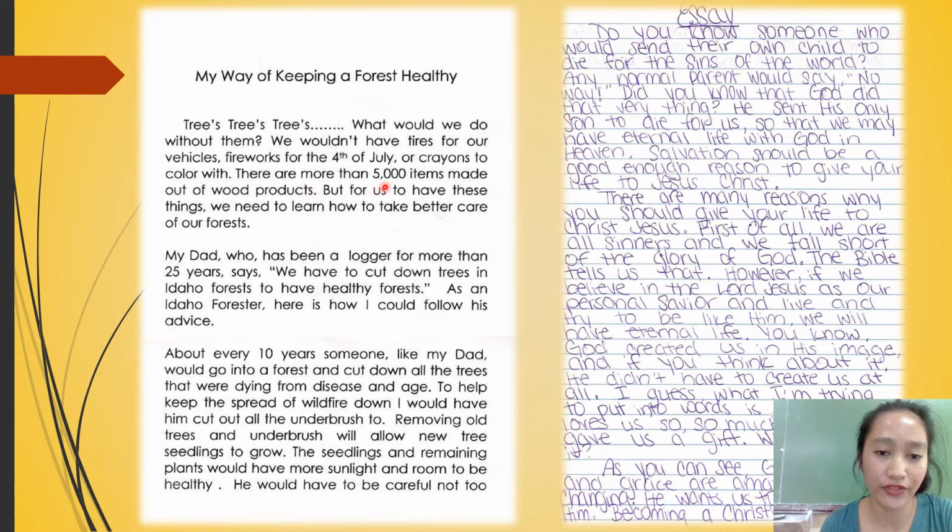There are more than 5,000 items made out of wood products. But for us to have these things, we need to learn how to take better care of our forest. Okay, so as you can see, it explains about the importance of a tree in our life.